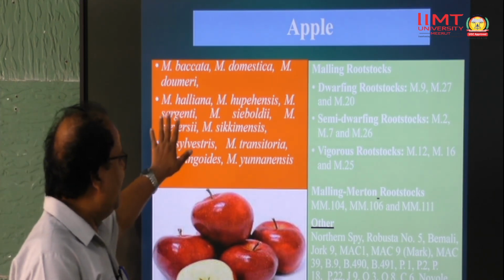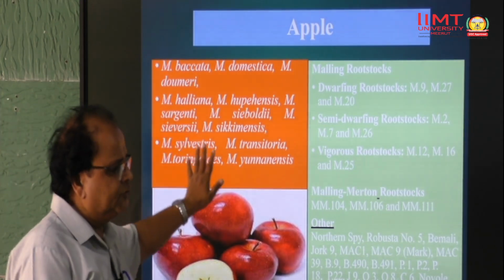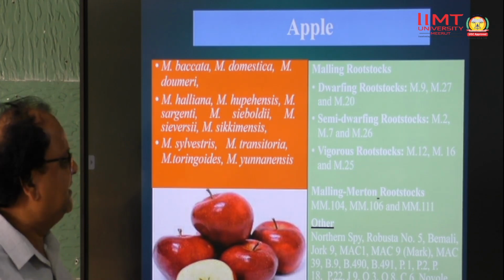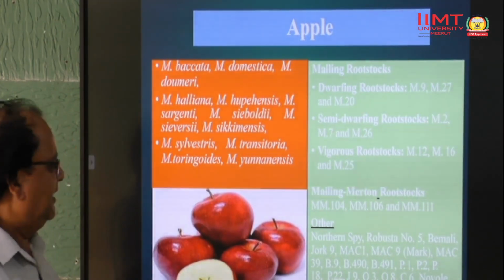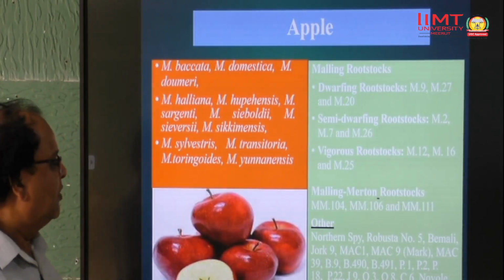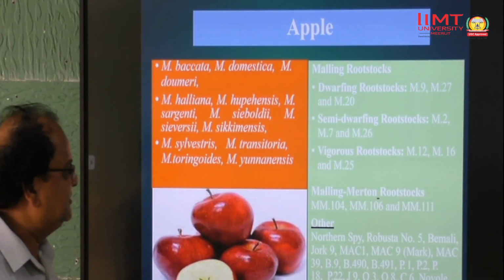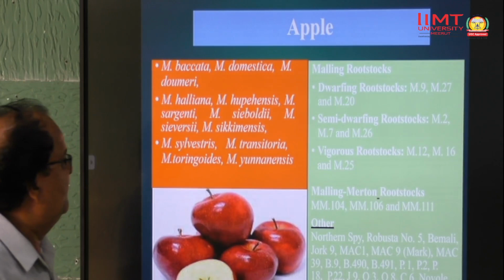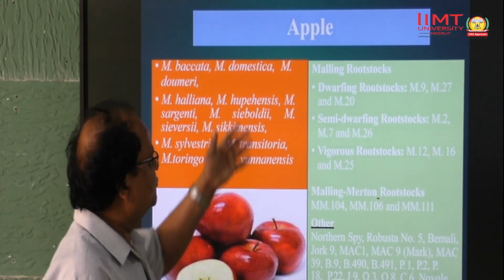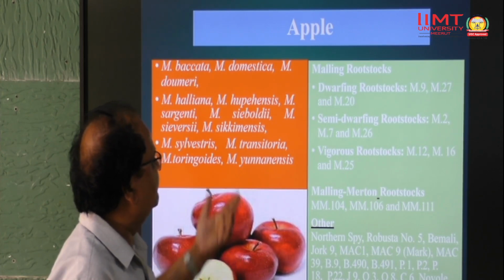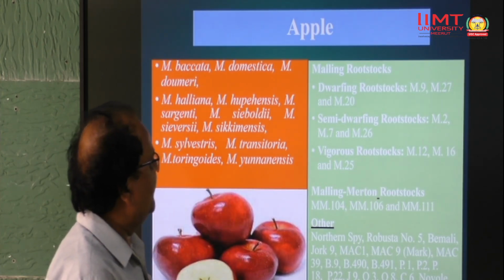All these wild species are used for rootstock, and the scion is grafted onto them. They need good yielding quality, good resistance to insects, pesticides and diseases, and tolerance to frost and stress conditions. The Malling-Merton series developed different rootstocks.